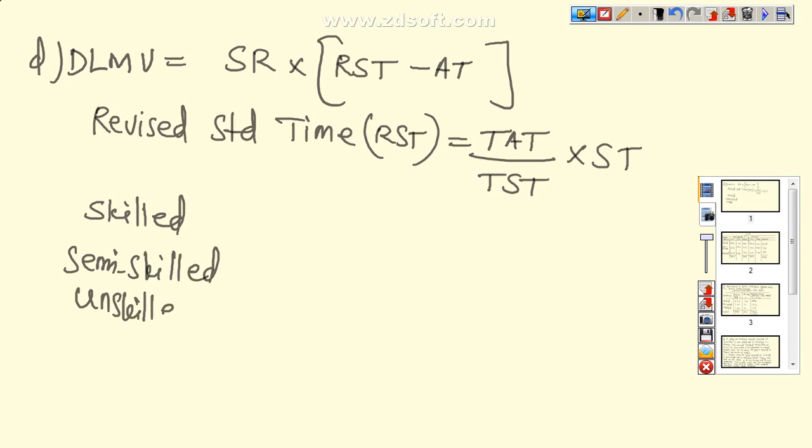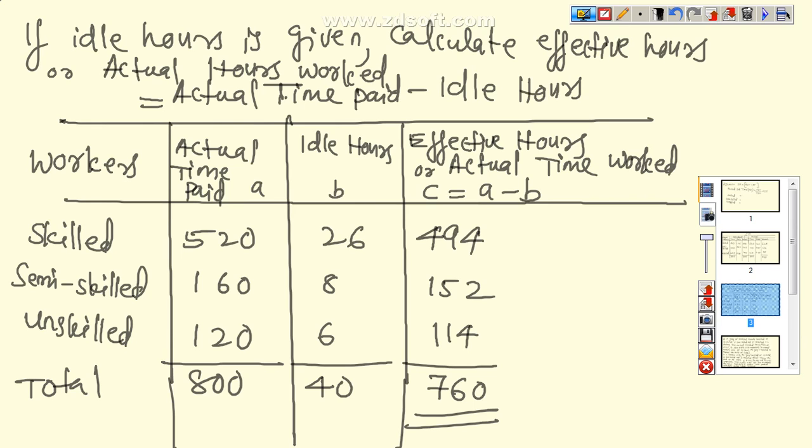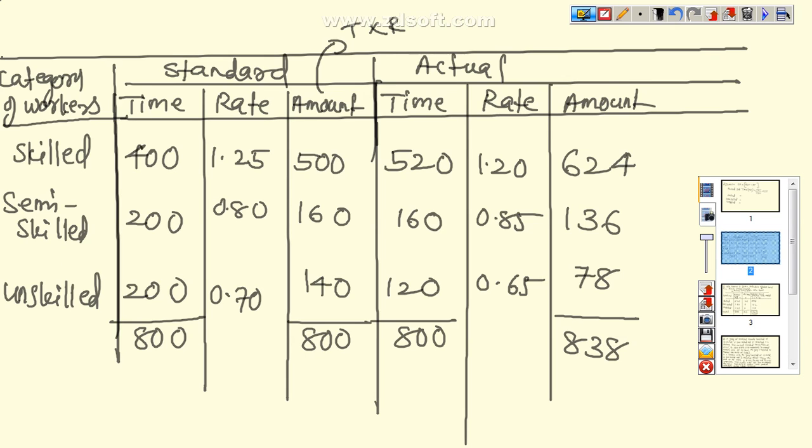Total actual time we take after deducting idle hours, that is 760, upon total standard time, which is given, 800.